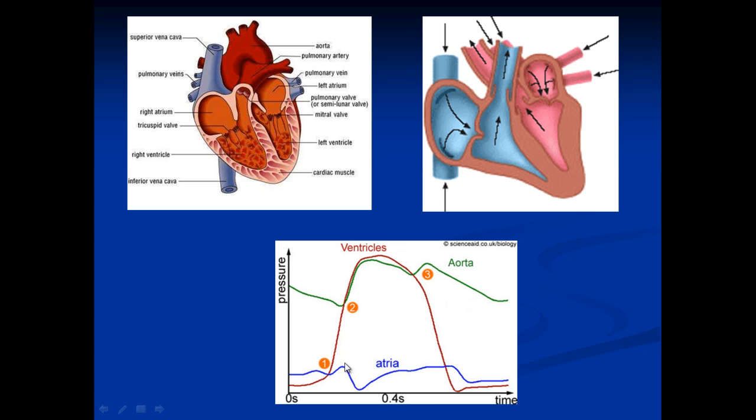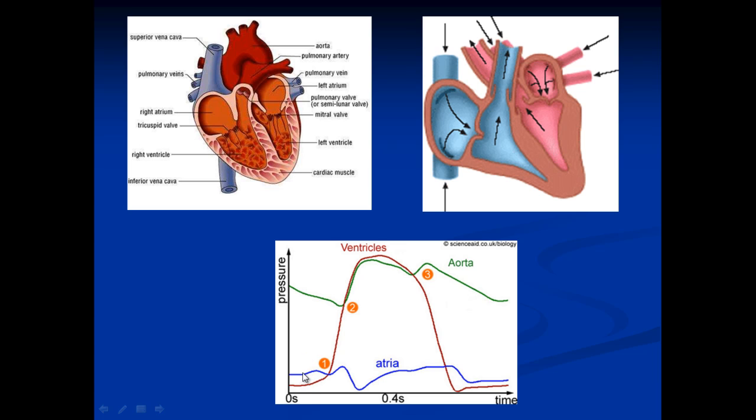And so what we have here, at this point, exactly here, you have a higher atrial pressure than ventricular pressure. So what that tells us is the atria are contracting and pushing blood into the ventricles. And so this diagram represents what's happening roughly around here.